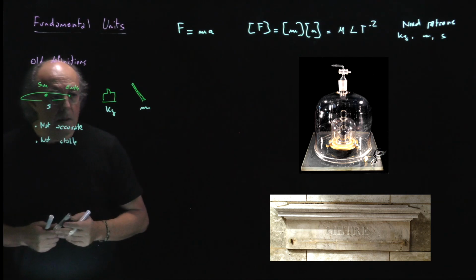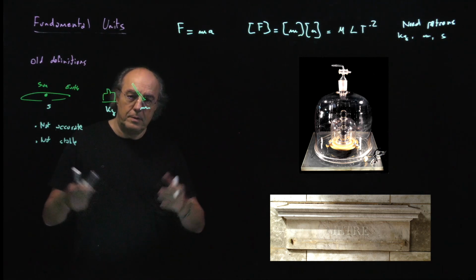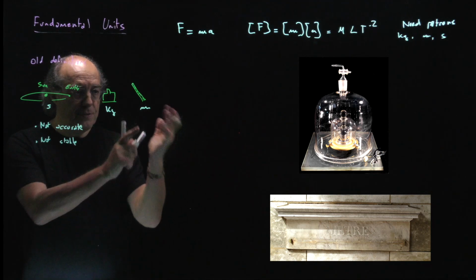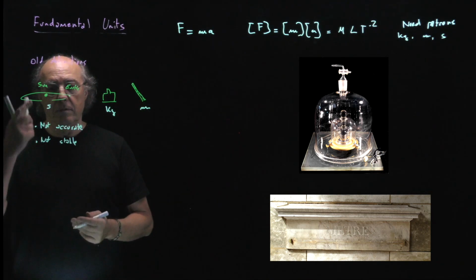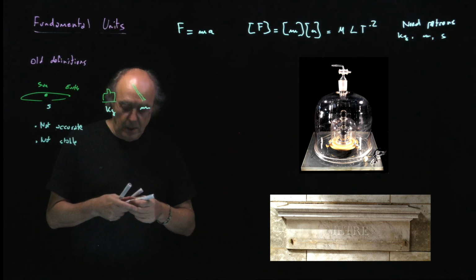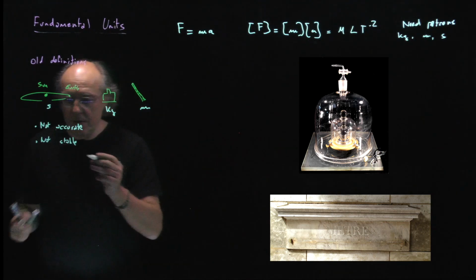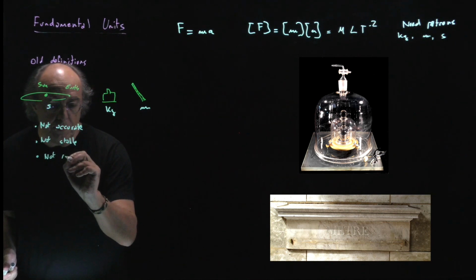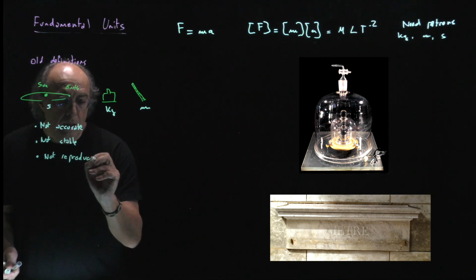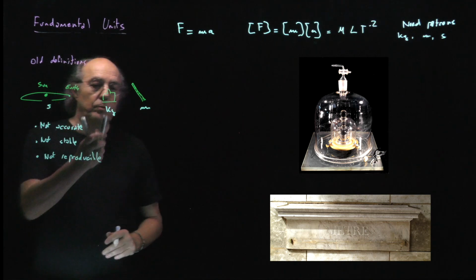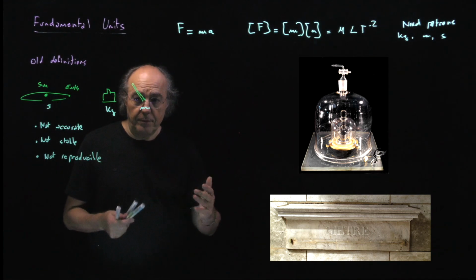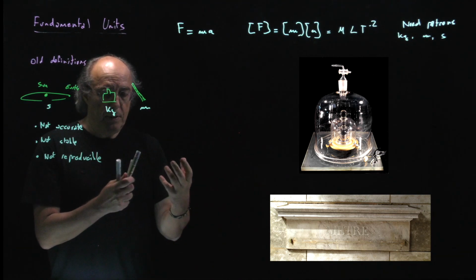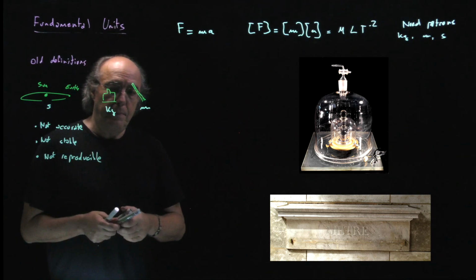The mass in Paris was changing weight, or you may have dilatations of the stick, or the rotation of the Earth is not stable with hyperprecision. And more important, they are not reproducible. How do you make a kilogram in your lab? Well, you have to go to Paris, copy that weight, and take the copy with you to your lab.